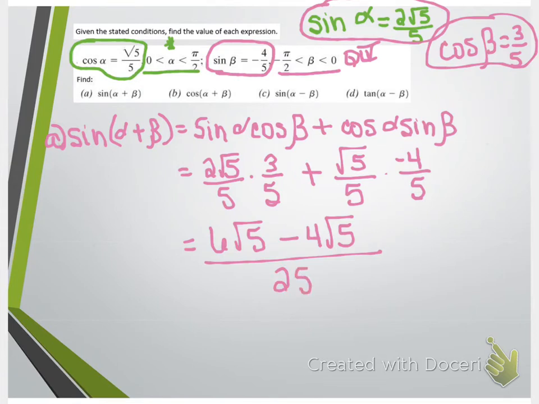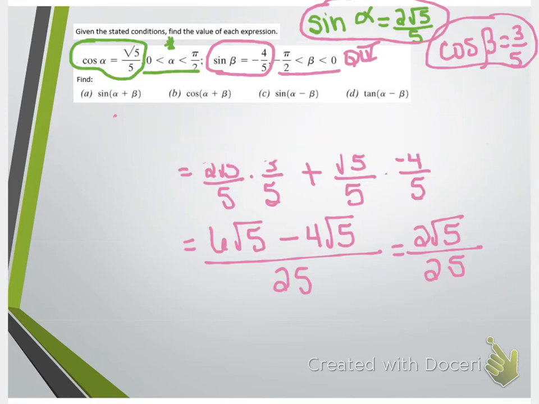Okay, well, if I have 6 roots of 5 minus 4 roots of 5, that's 2 roots of 5 over 25. That feel okay? Why don't we do the tangent one? Let's skip and do D.